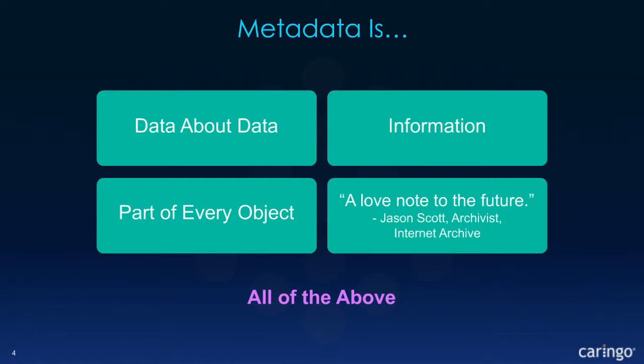Metadata as an idea, metadata as information, may be the same across many objects, but the way that it's persisted or the way that it's used is definitely different system to system.